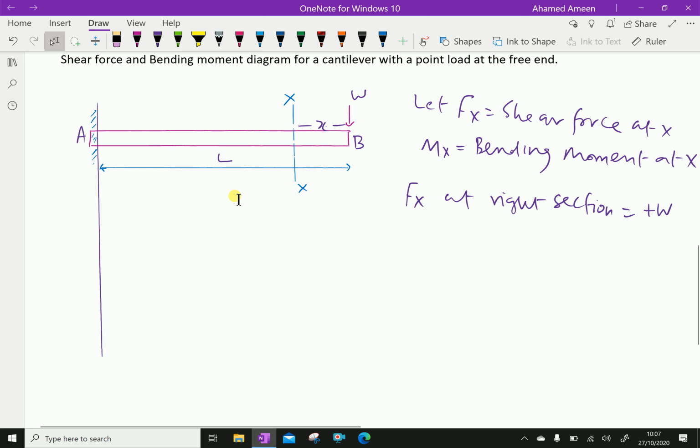Now we will draw the shear force diagram. We will draw with some scale.